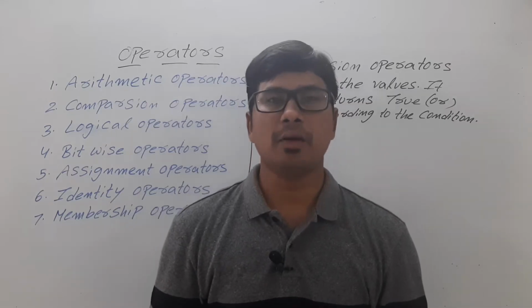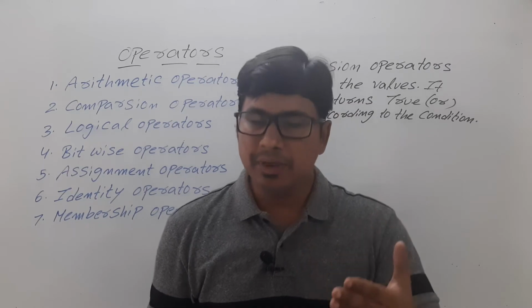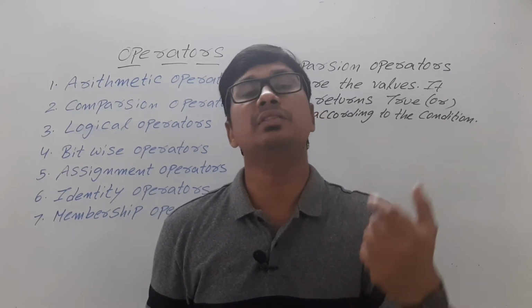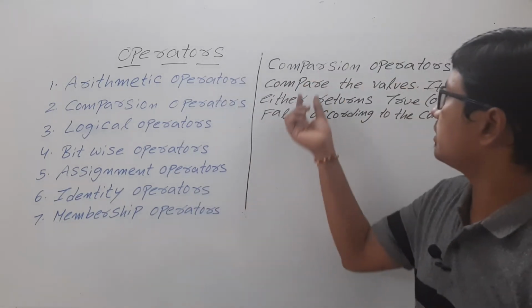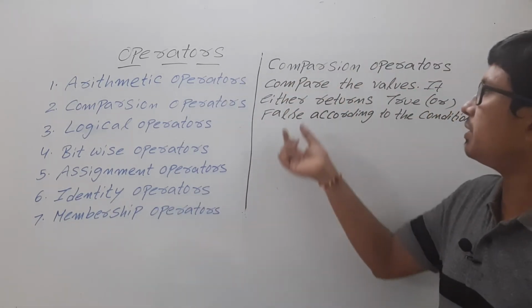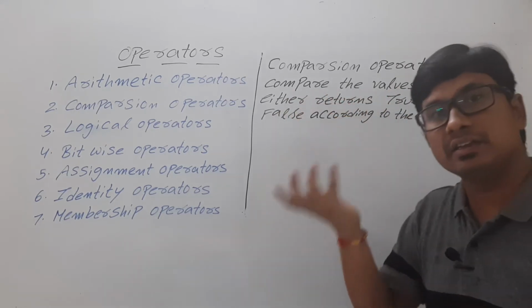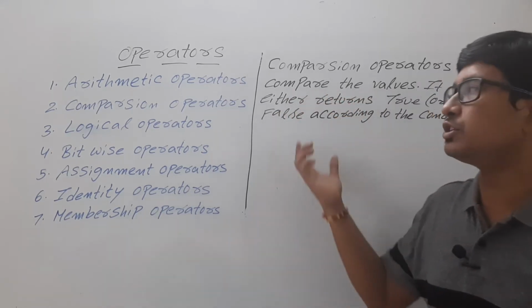Now let me discuss the comparison operator. The comparison operators, or the relational operators, are used to compare the values. They either return true or false based on the condition.